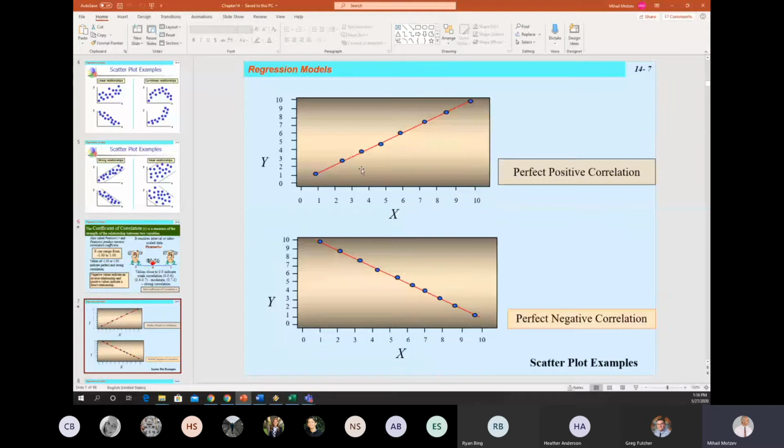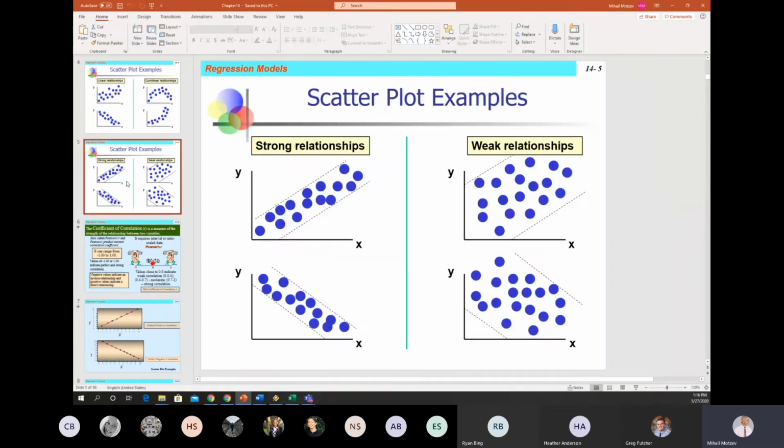The case when we have a perfect positive or negative deterministic relationship is very, very rare. Most of the time we deal with stochastic relationships, again a term from mathematics. In statistics, we call them correlation relationships.